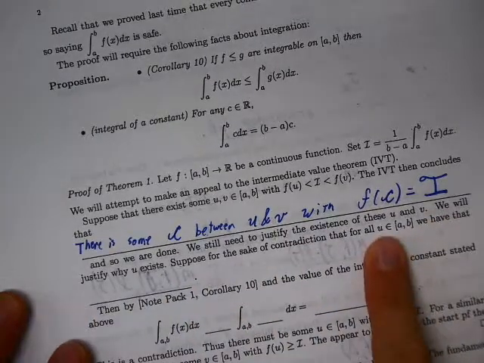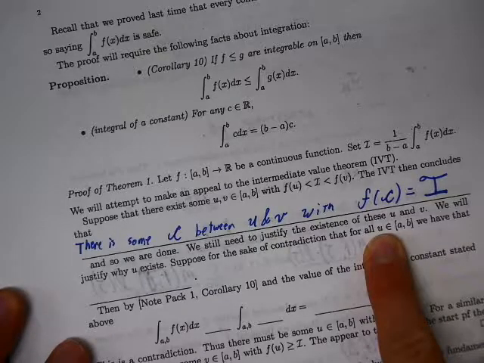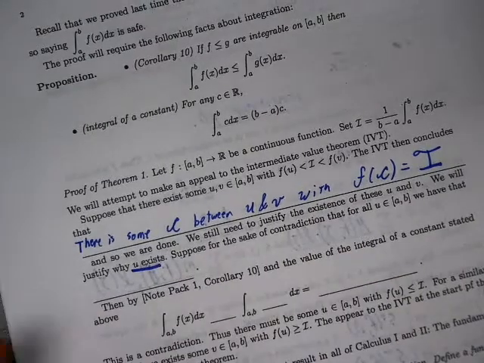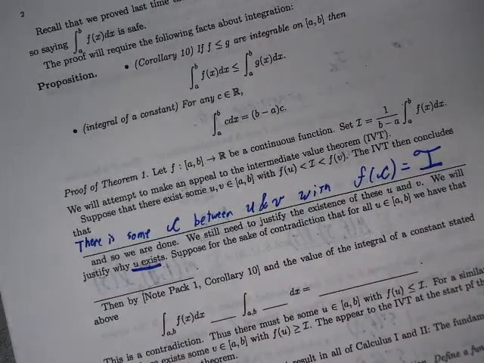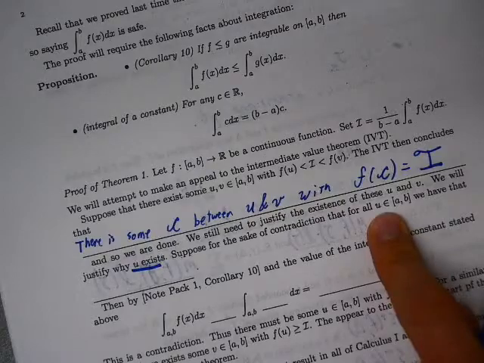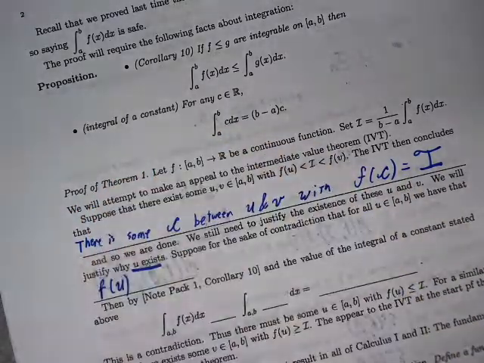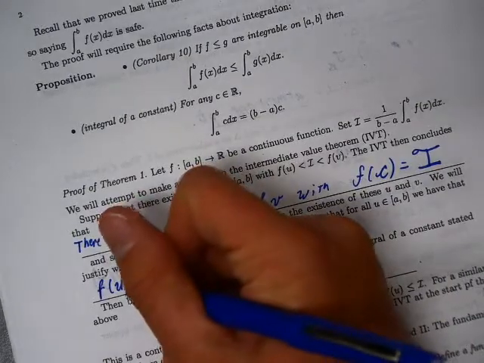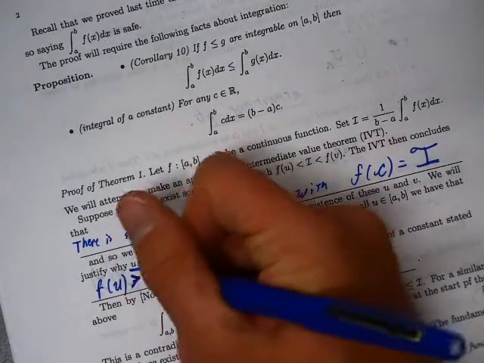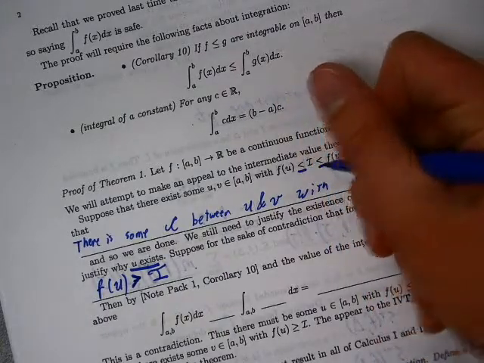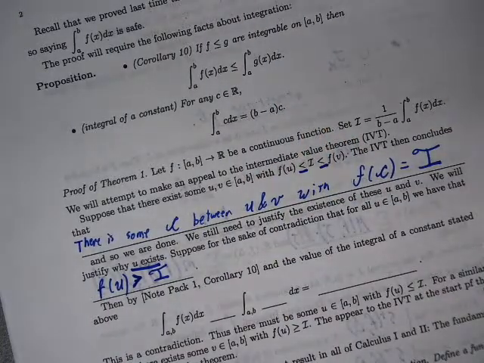So let's suppose, for the sake of contradiction, and I'll do them one at a time. Let's just find why U exists. Suppose, for the sake of contradiction, that for all U in the interval from A to B, we have f of U bigger than I. Oh, because the IVT is perfectly happy if you have loose inequalities there.